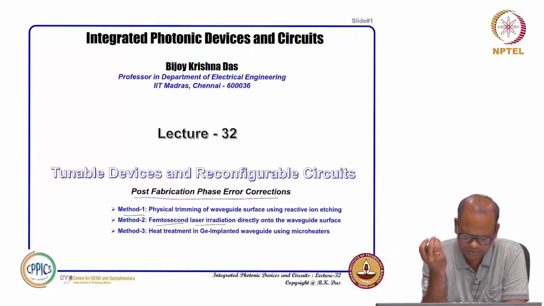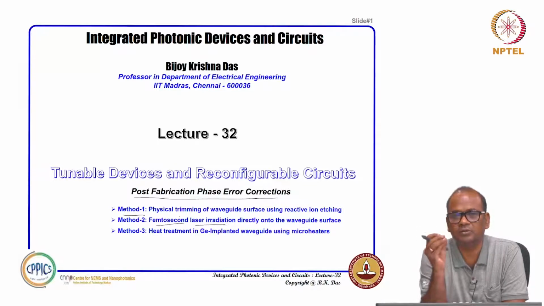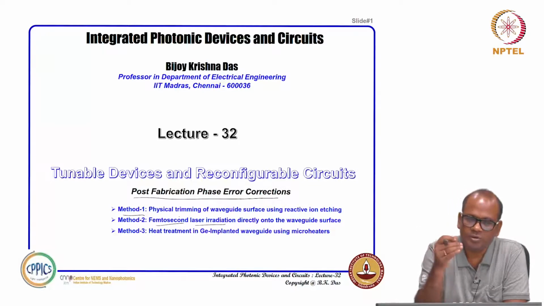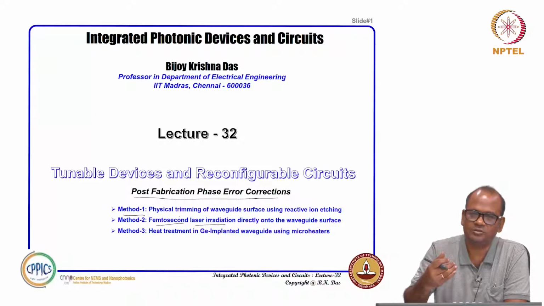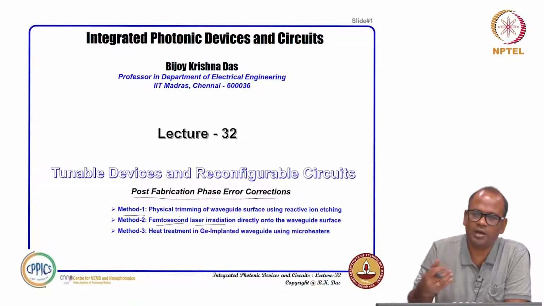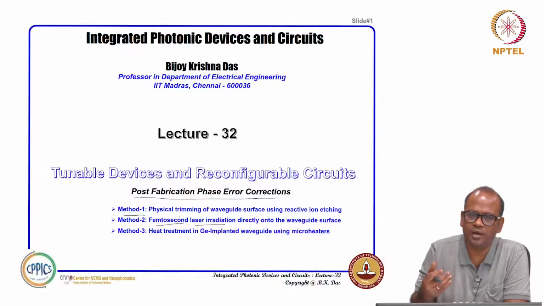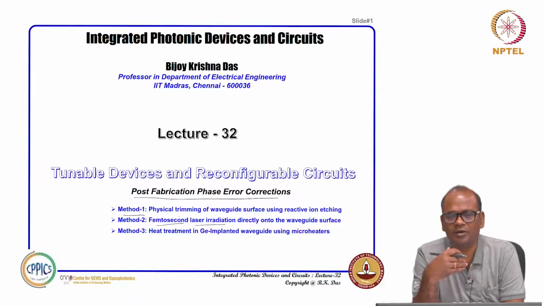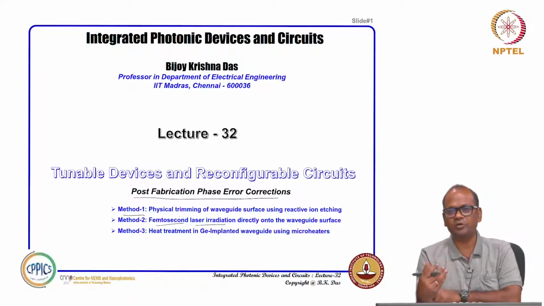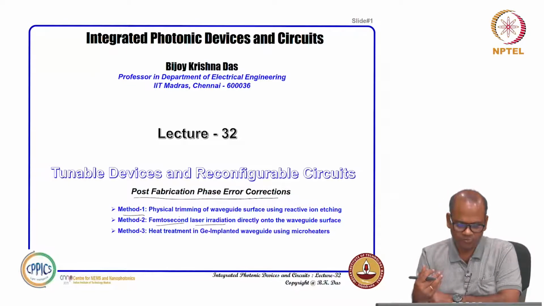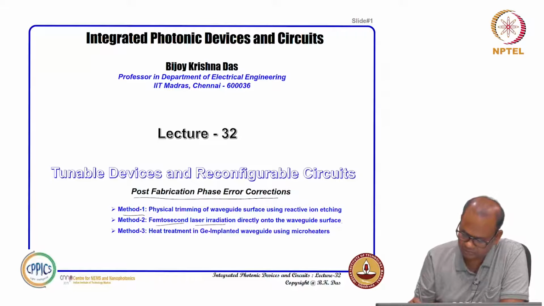If this laser, with a certain wavelength range, directly irradiates the surface of the waveguide, a structural change can happen inside the waveguide. Volumetric and dimensional change will not happen, but due to the structural change you can change the refractive index, so you can correct any deviations of your device performance. So that is another method I will be discussing.